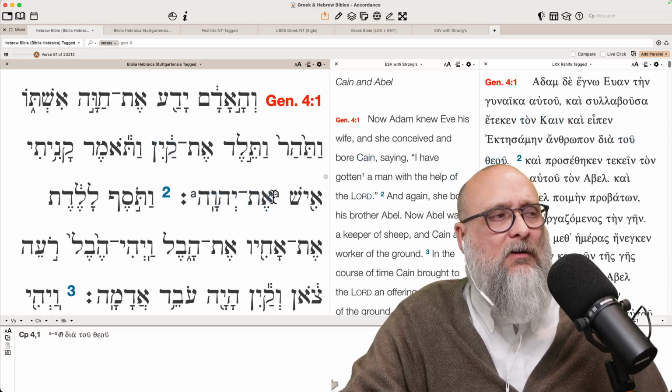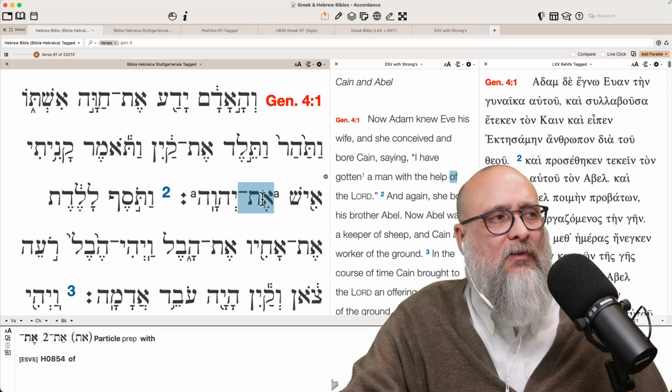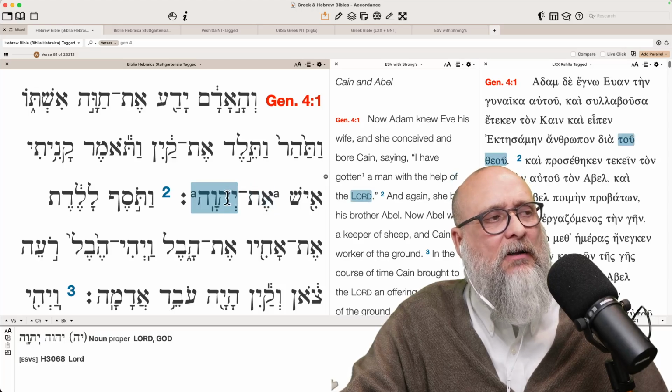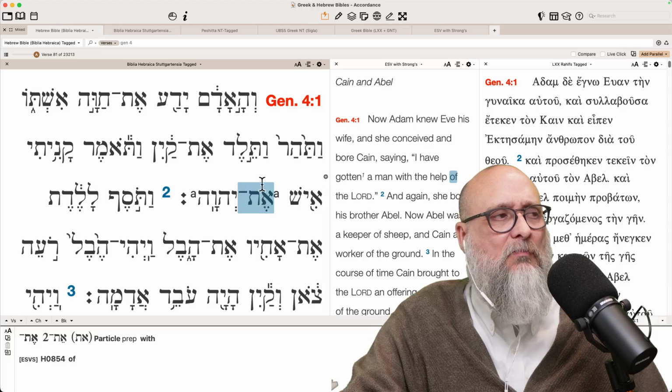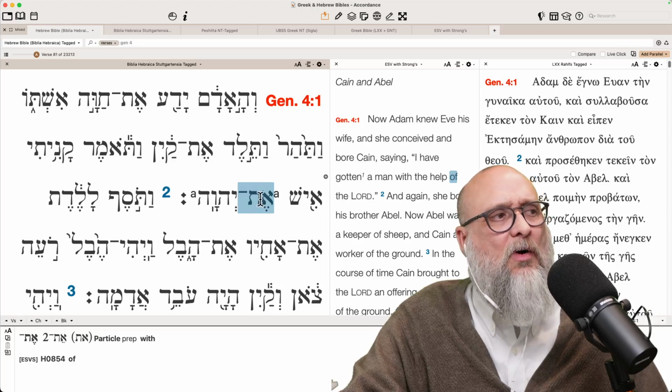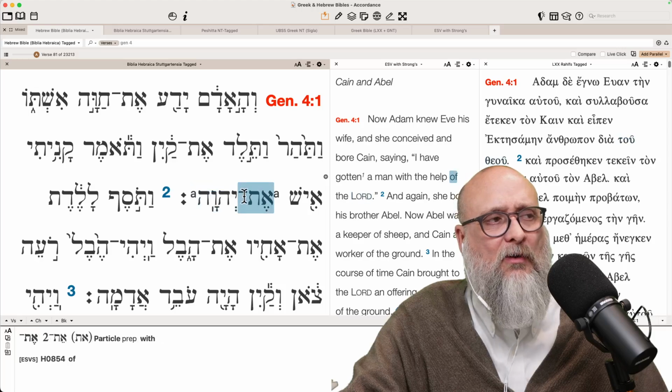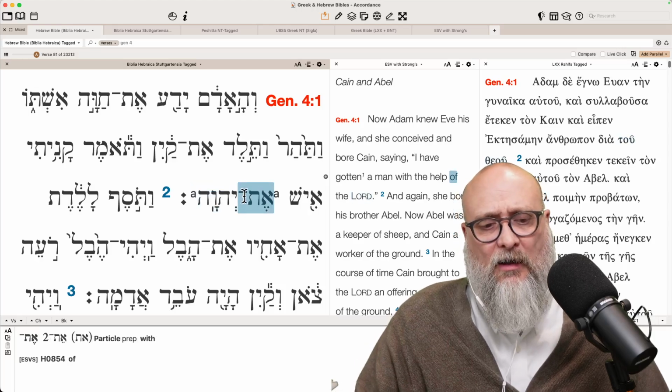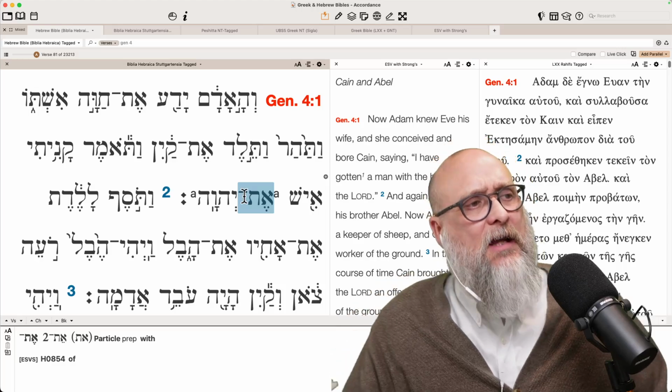We'll have to leave for another day the rabbinic discussion and how the Targum translates this, whether they're reading it as a definite direct object mark or as the word with. Very interesting reading in the Targums. We'll leave that for another day.